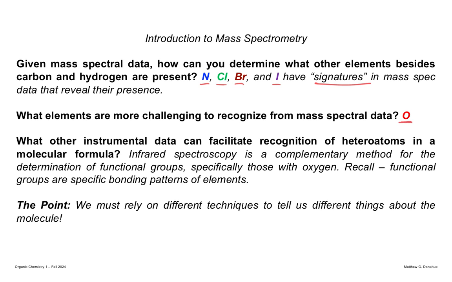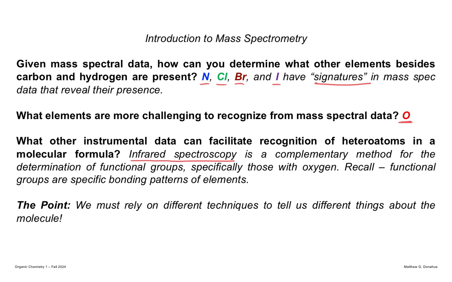Oxygen's a little bit more challenging, so we have to spend some time on that, developing the thought algorithm. So what other instrumental data can facilitate recognition of heteroatoms in a molecular formula? And again, that's going to be IR. Because IR is going to tell us specifically what functional groups are present. And most of them have oxygen, so that's going to give us a clue.